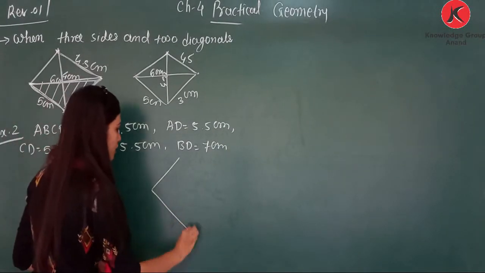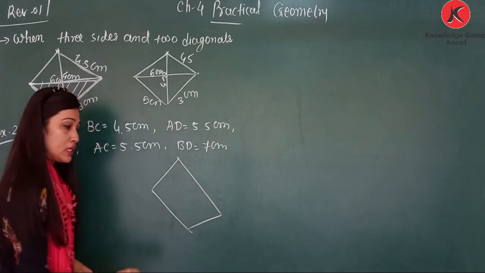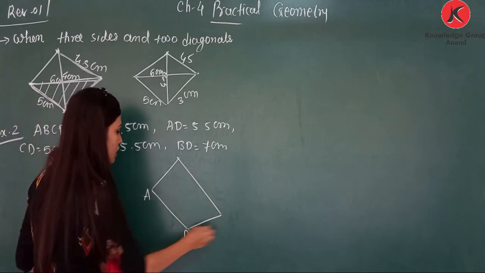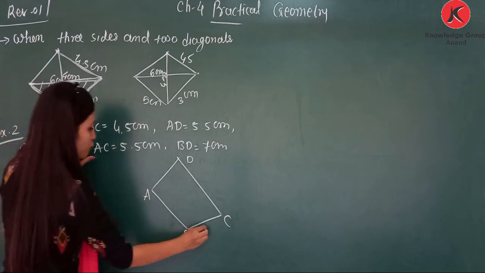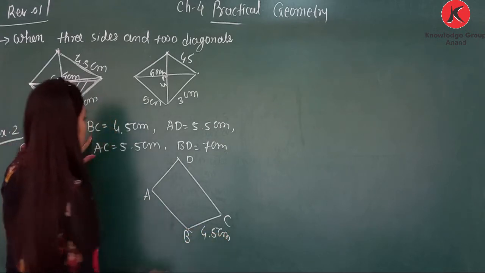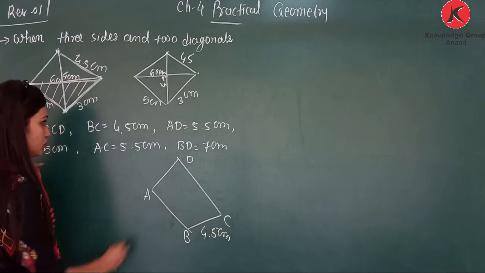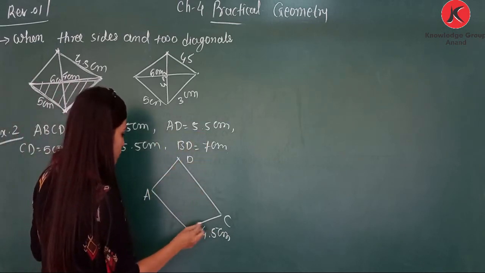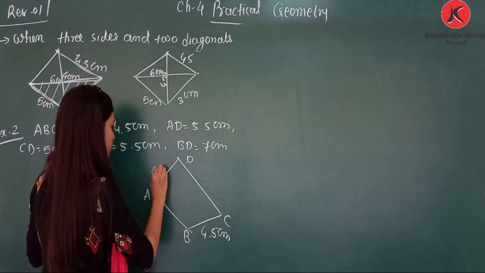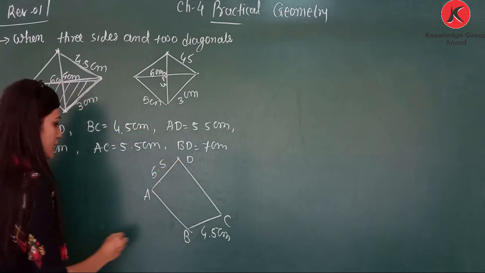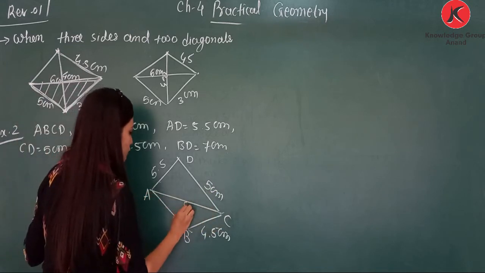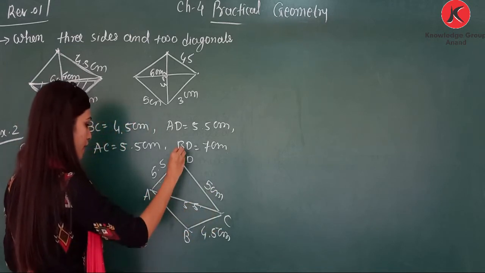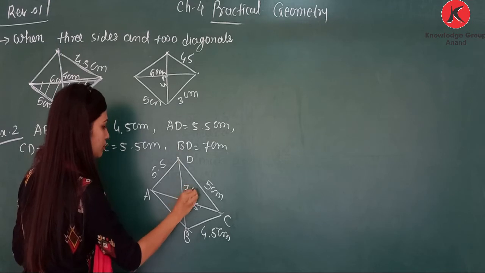You can give any name in a clockwise order, ABCD. So BC is 4.5, AD is 5.5, CD is 5 centimeter, AC is 5.5 and BD is 7 centimeter.